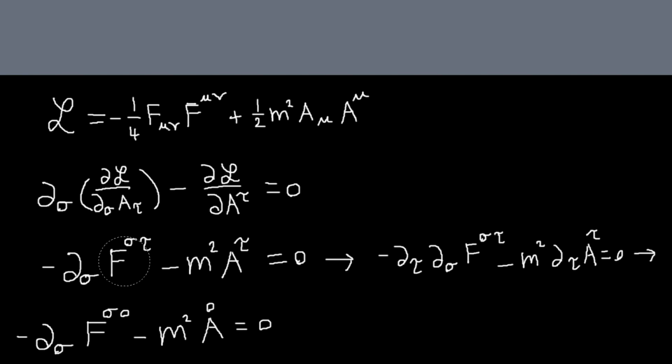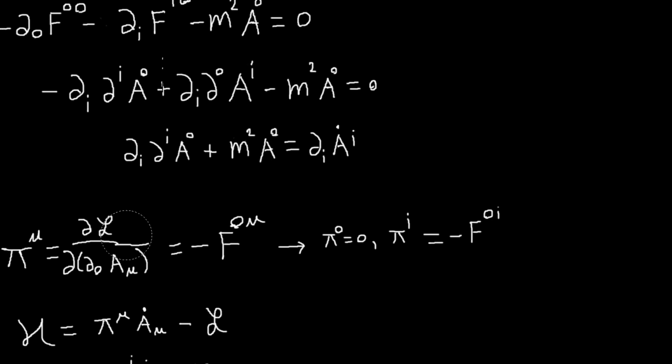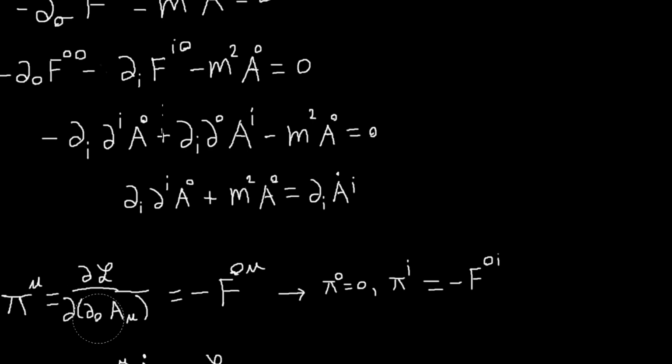This is just negative F. So dL/d(∂_0 A_μ) will just be negative F^{0μ}. And so that immediately tells us that the 0 component, π^0, will be negative F^{00}, but F has a zero diagonal because it's antisymmetric. So π^0 is 0, and π^i will be negative F^{0i}.